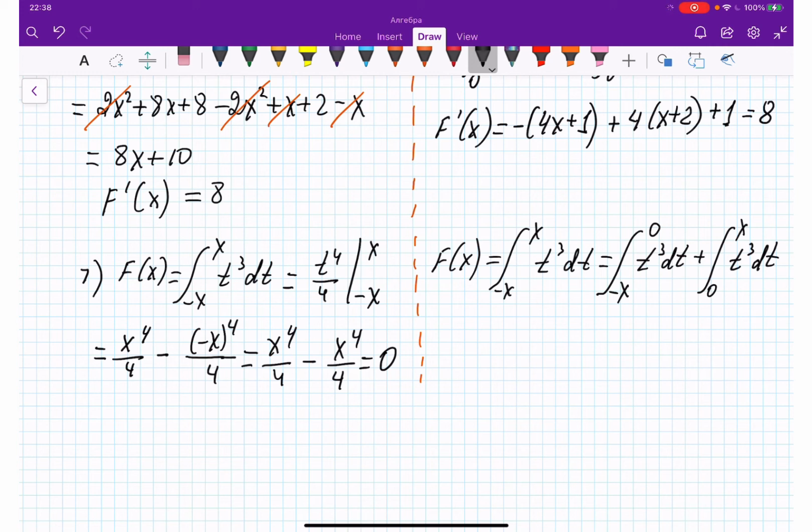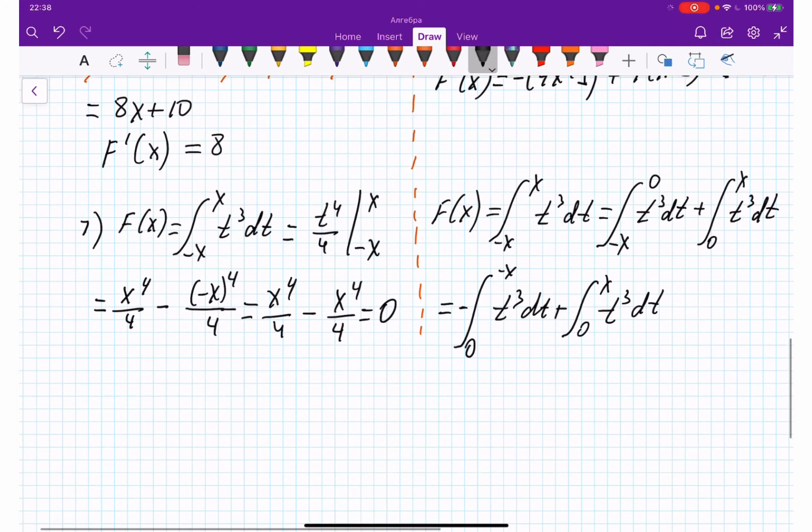All right, so it's equal to negative sign, switching boundaries, the integral from 0 to negative x of t cubed dt, and plus the integral from 0 to x of t cubed dt.